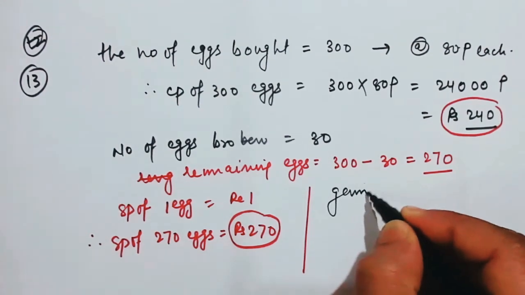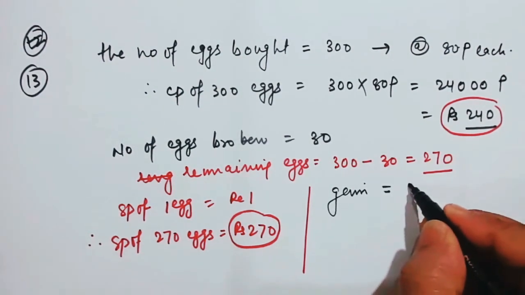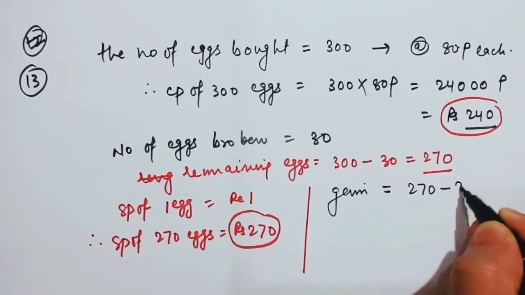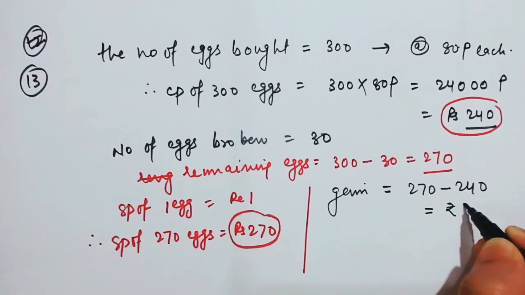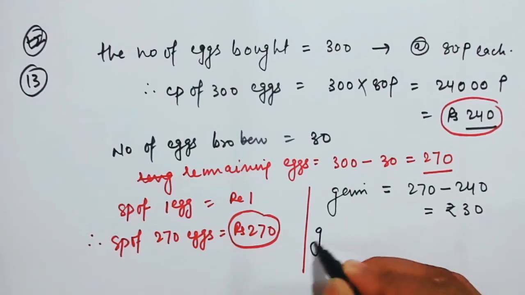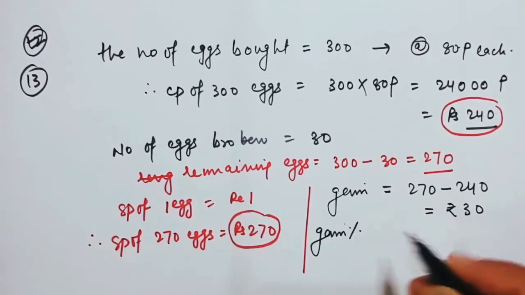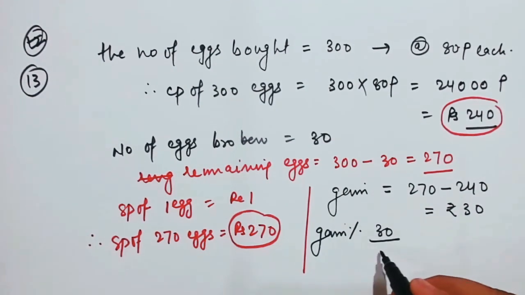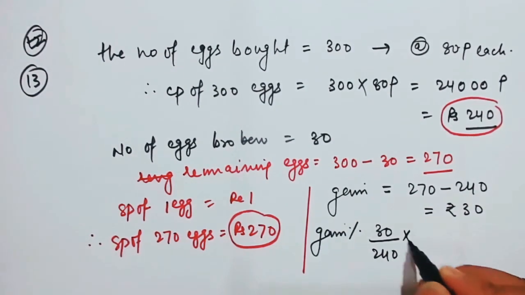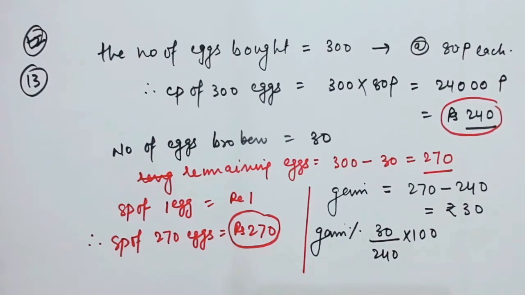Gain is equal to 270 minus 240 equal to rupees 30. Find the gain percent. वही नौटंकी. Gain percent is equal to gain by cost price into 100. ठीक है? Let me see if it gets cancelled.